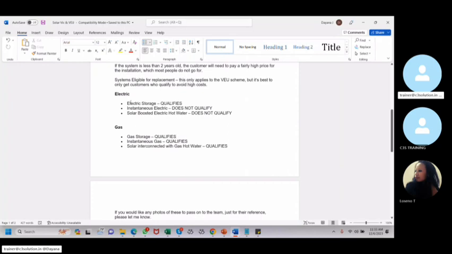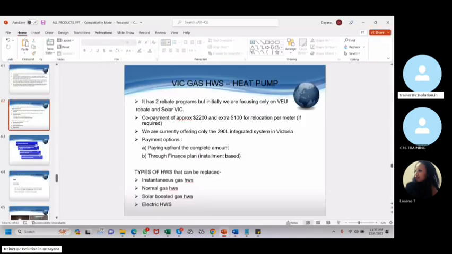Yes. Electric storage is the tank, which is a big tank the customer has, right? If you think about it this way, this electric hot water system, I'm talking about the standalone, which is not at all connected with anything. Standalone electric hot water system. That is this one. I'll show.